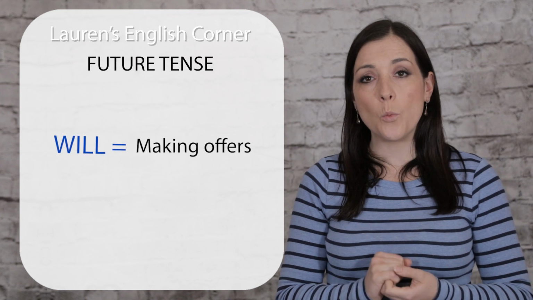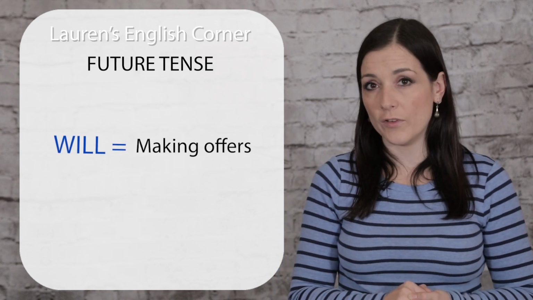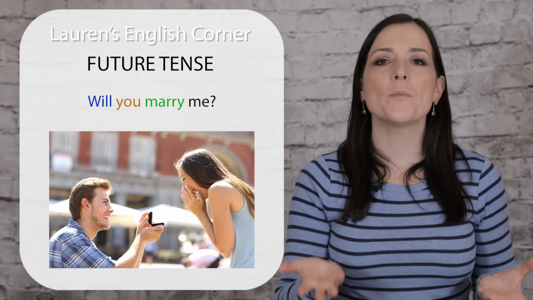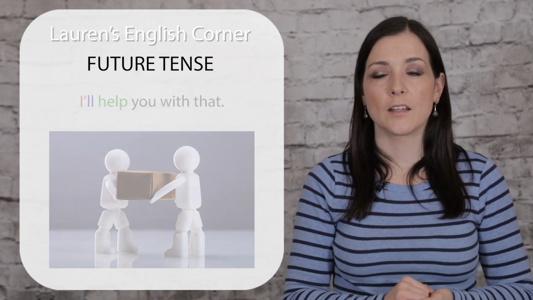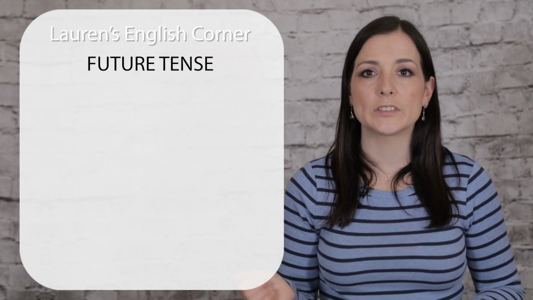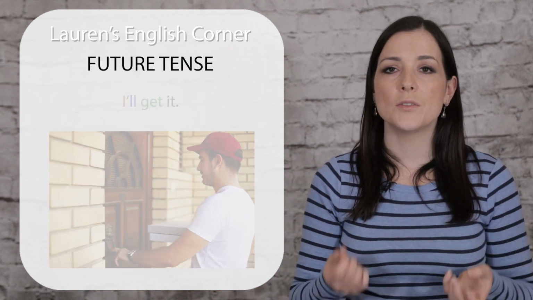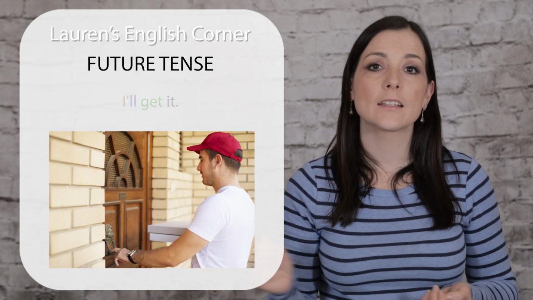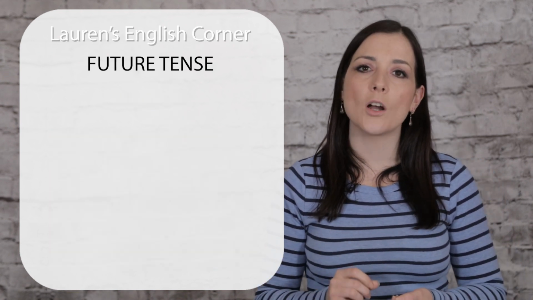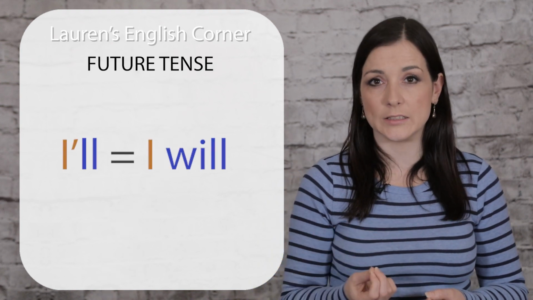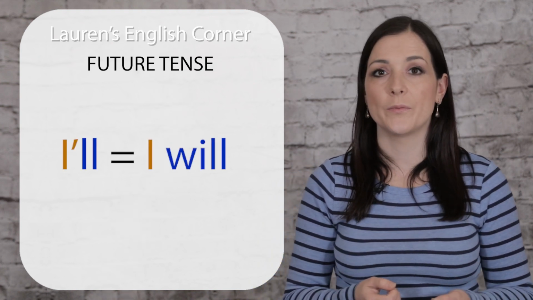We also use will for making offers. Will you marry me? I'll help you with that. The phone rings or someone knocks at the door and you say, I'll get it or I'll get that. In all these examples, I've used I'll instead of I will.